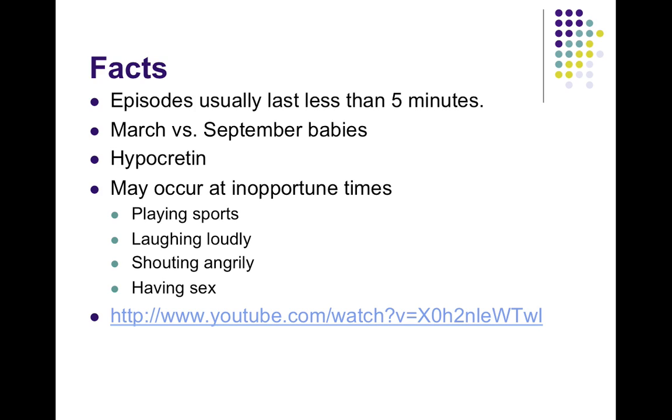Now that doesn't mean that if your mother was in her second trimester during the cold and flu season that you were for sure going to be narcoleptic. It just is interesting how there is a correlation between those who suffer from narcolepsy and their mothers being exposed to cold and flu viruses during the second trimester.